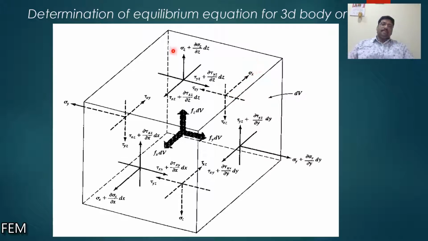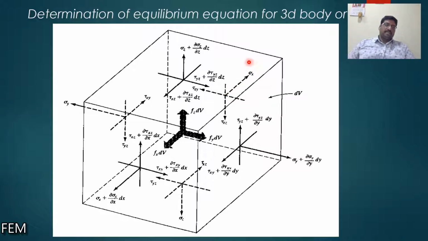This is one of the planes. On one plane, we have one axial stress and two shear stresses, because it is a three-dimensional element. Corresponding to the load applied in the x direction, deformation also occurs in the y direction and z direction. Here the load is applied in the x direction.